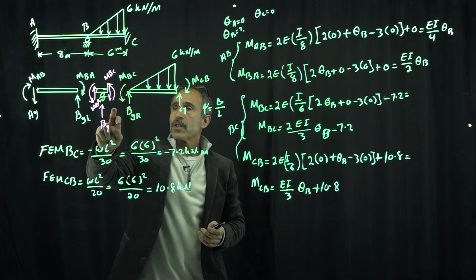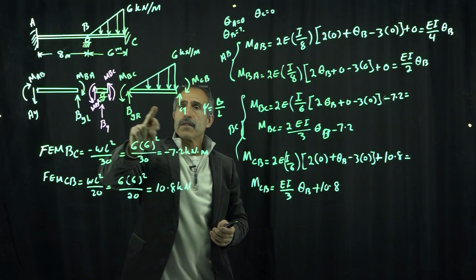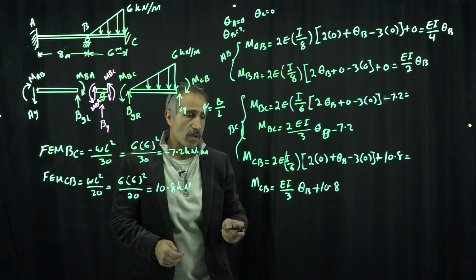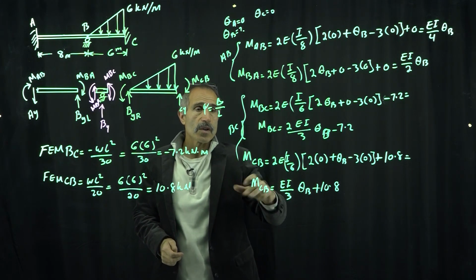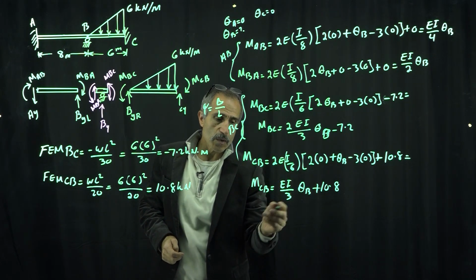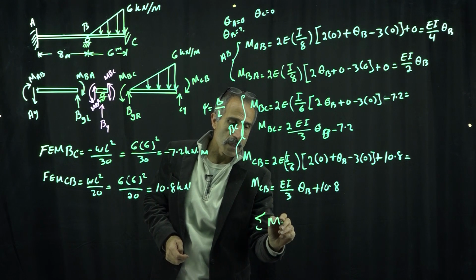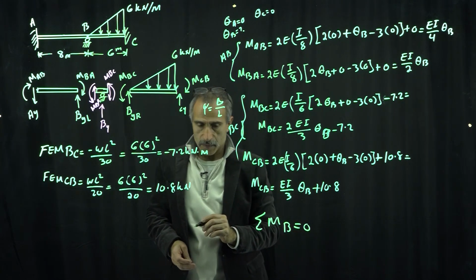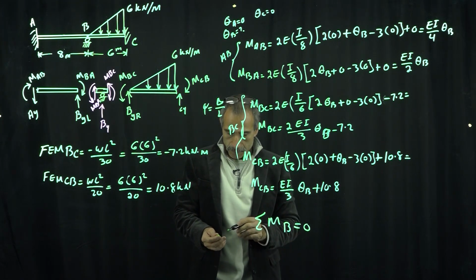We know the summation of moment is equal to 0 at any of these joints, but we need to focus on the one in the middle. So the summation of moment at B is equal to 0. We're going to explore that.